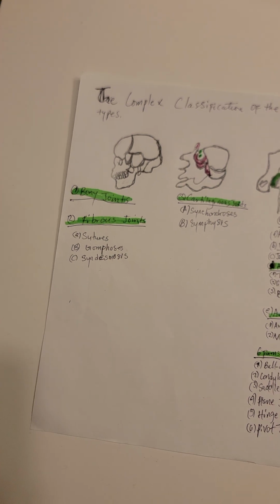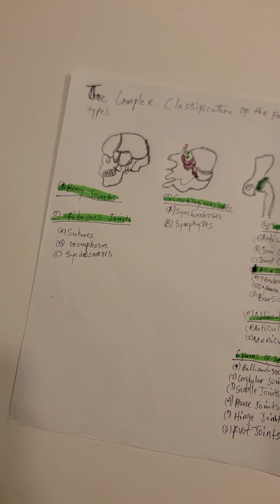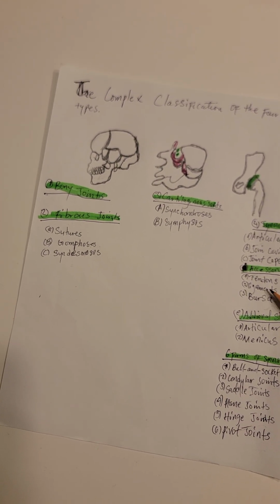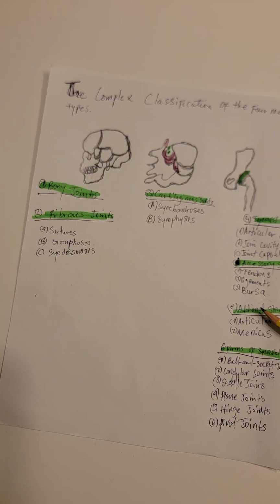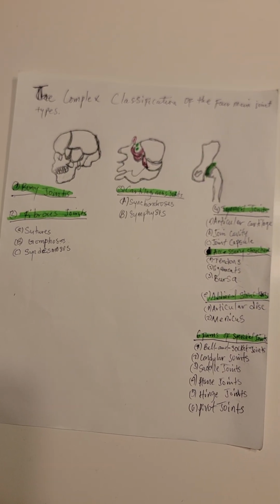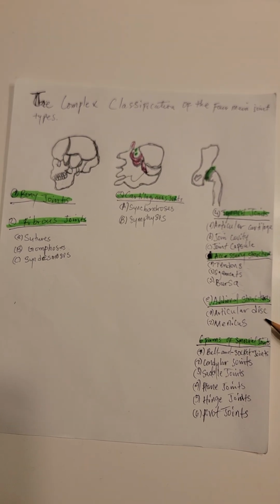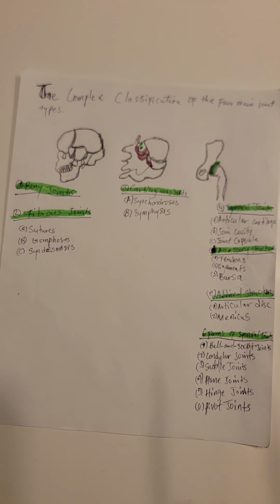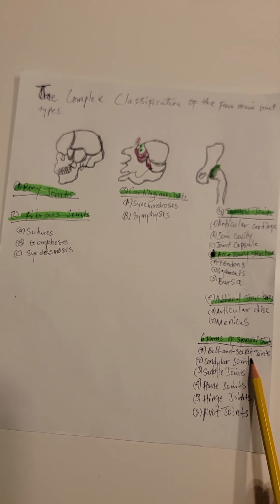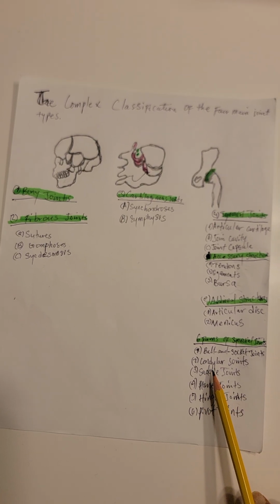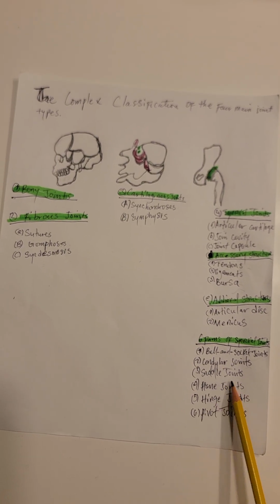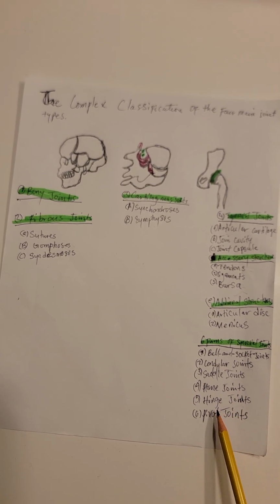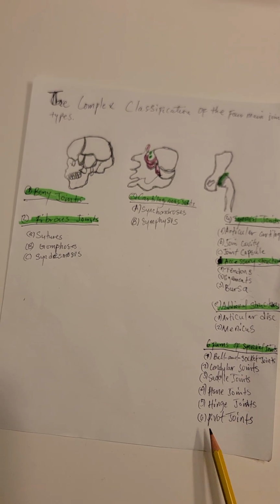There are accessory structures of the synovial joints, and those are the tendons, the ligaments, the bursa. Additional structures are the articular discs and the meniscus. There are 6 forms of synovial joints: the ball and socket joints, the condylar joints, the saddle joints, the plane joints, the hinge joints, and the pivot joints.